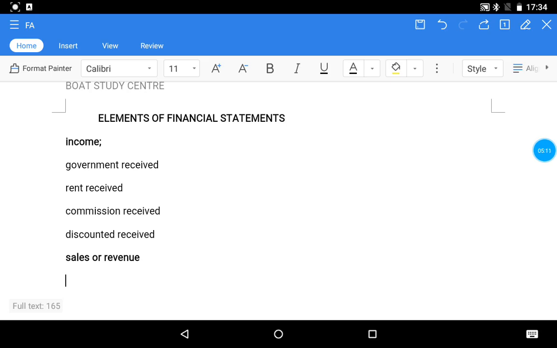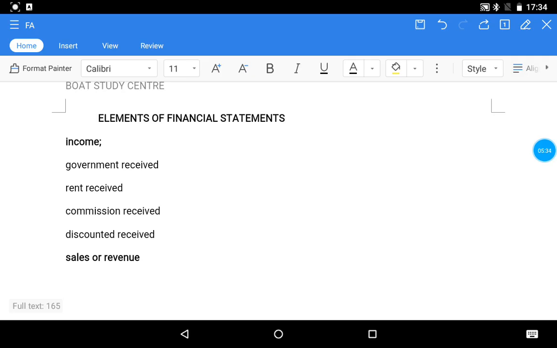In short, sales or revenue comes in after offering some service or after selling your product. The amount of money you receive, we call it revenue from sale. You have sold your property, like what you're dealing in.